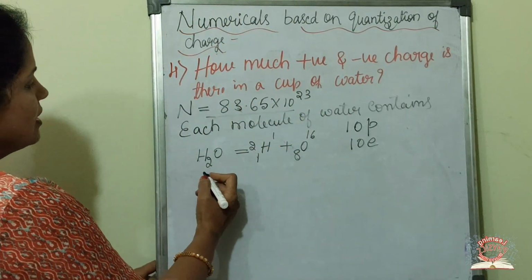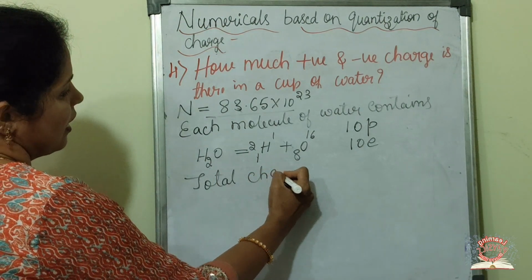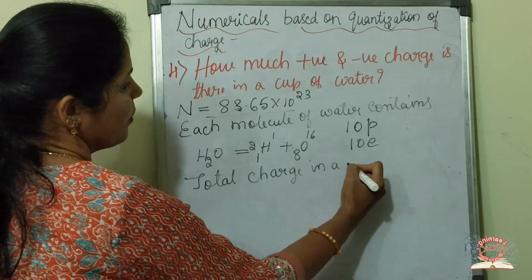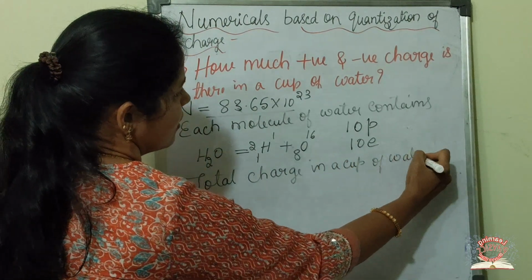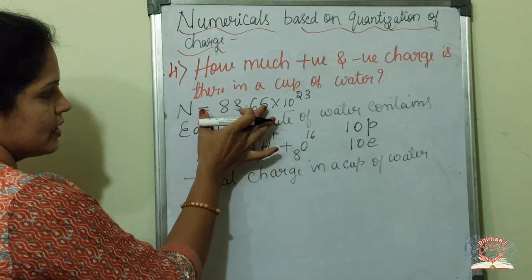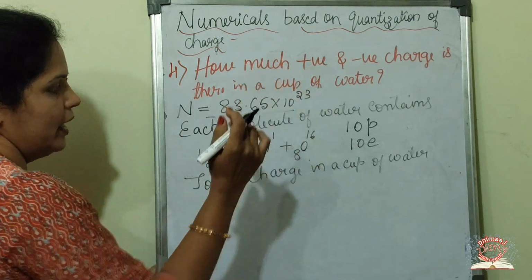Therefore, the total charge in a cup of water, that means in 250 gram, which contains 83.65 into 10 to the power 23 molecules.